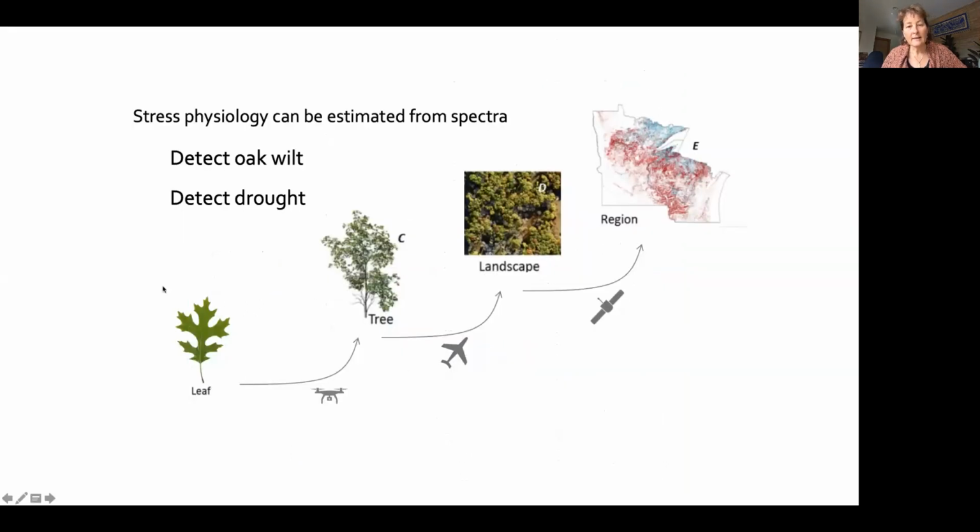That connection to the physiological function of the plants allows us to scale between leaves and trees, landscapes and regions, which is what we're aiming for in this project, so that we can get efficient detection of oak wilt to make the management process less expensive and more effective.